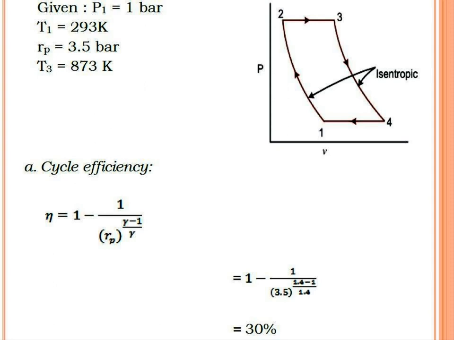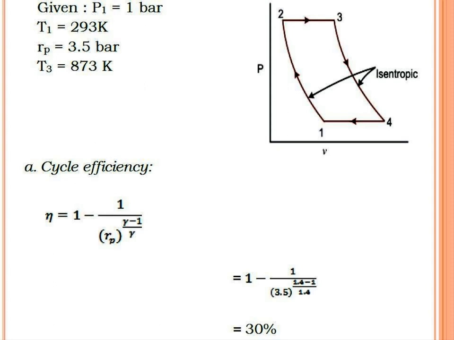The gamma for air is 1.4 and the pressure ratio is 3.5 bar divided by 1 bar, that is 3.5. So efficiency equals 1 minus 1 upon 3.5 raised to (1.4 minus 1) divided by 1.4. The efficiency value you can see is 30%.